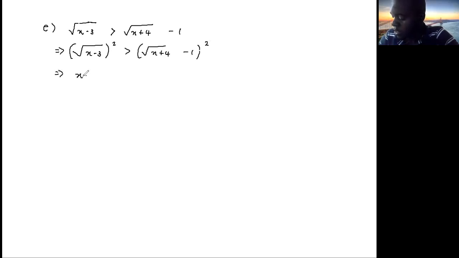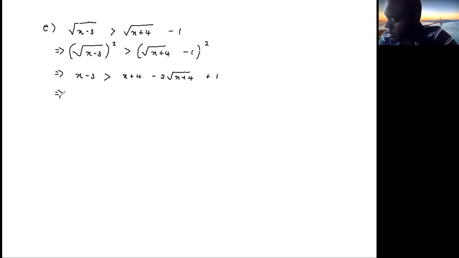So we are going to have x minus 3 greater than x plus 4 minus 2 root x plus 4 plus 1. So I leave the expansion part. So be able to expand the power 2. That's not a big deal there.